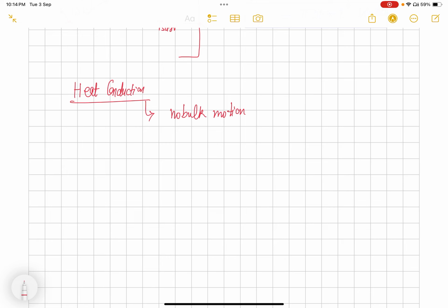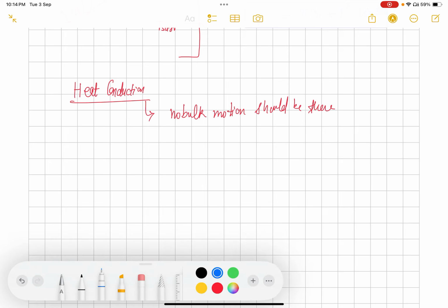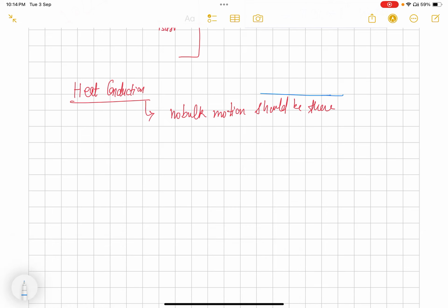No bulk motion should be there for conduction heat transfer to take place, and conduction heat transfer can take place in solids, liquids, and gases provided the bulk motion is not there. This is the whole and sole condition for conduction heat transfer.